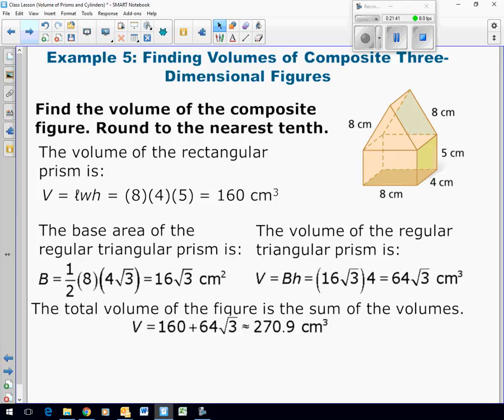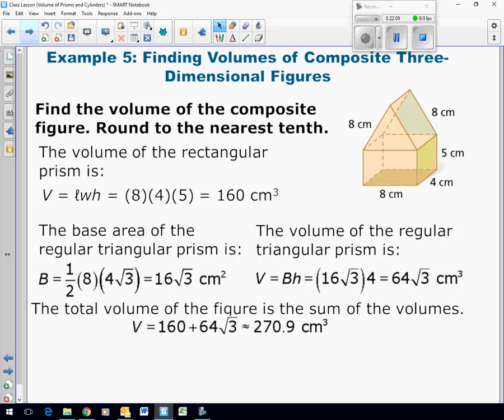You've got a rectangular prism, and then a triangular prism stacked on top of it. It's as simple as this: find the volume of the rectangular prism, find the volume of the triangular prism, and add those volumes together.